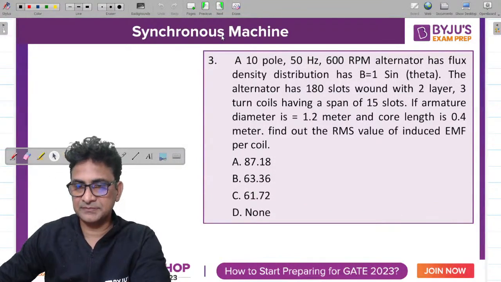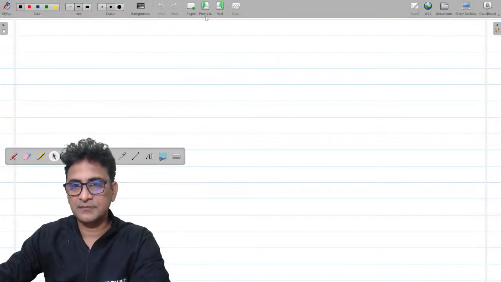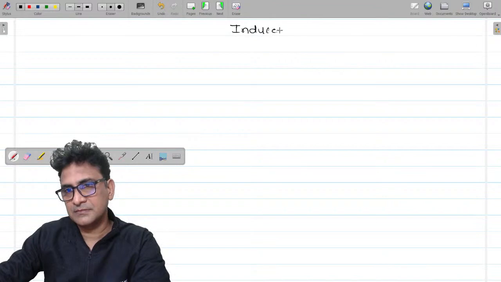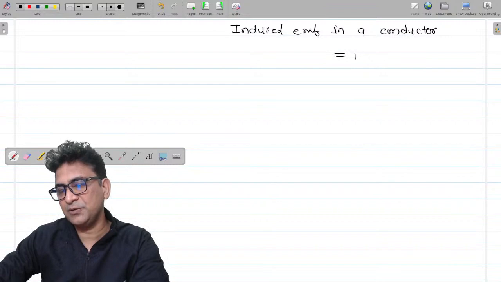So the formula that we use to find the induced EMF in a single conductor is the induced EMF in a conductor, and this is a general formula. It is equivalent to P small n multiplied by phi.